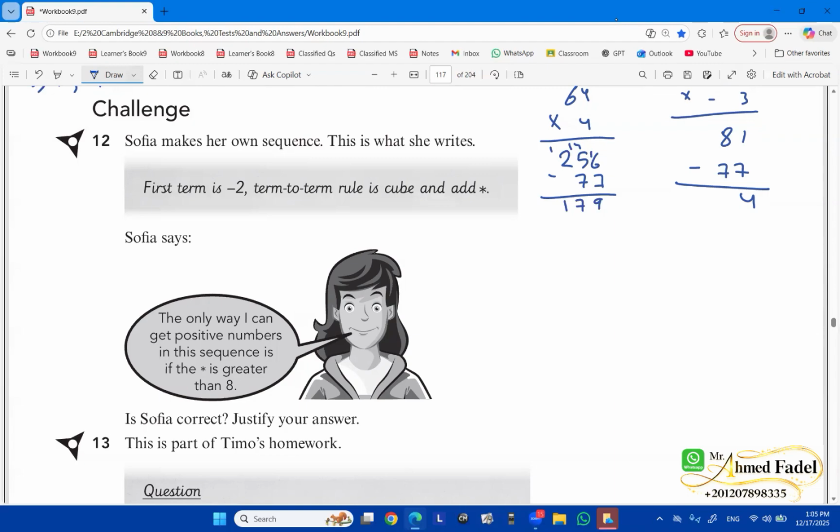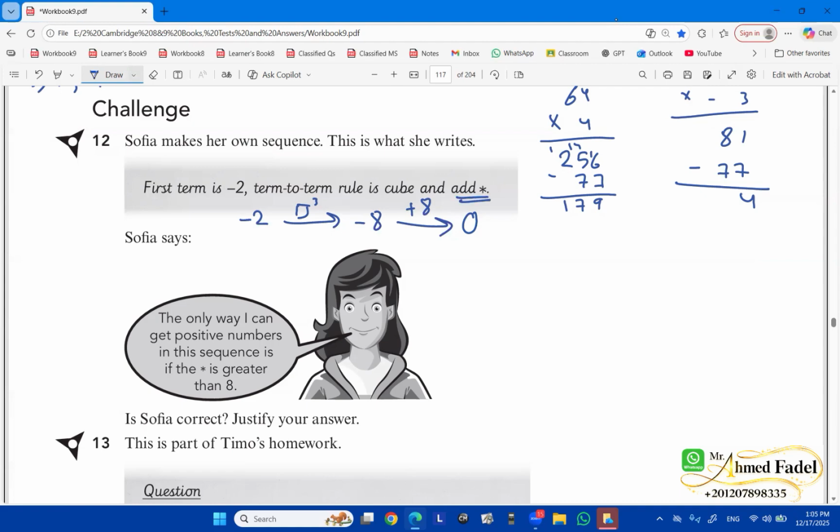If you check this, you do -2, cube it. If you cube the number, it becomes -8. She's saying the only way is to add a number greater than 8. Why, Mister? Because if she adds 8, she will get a 0. So if she wants a positive number, then she must add more than 8.